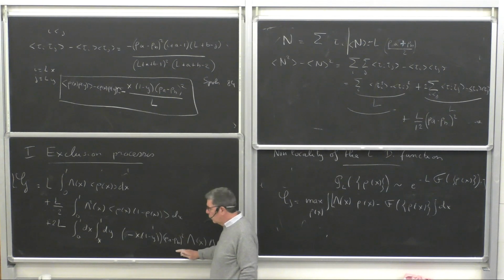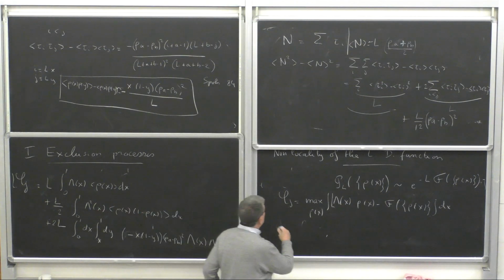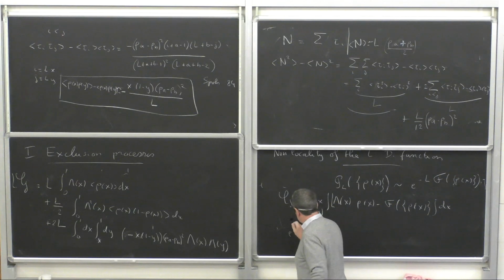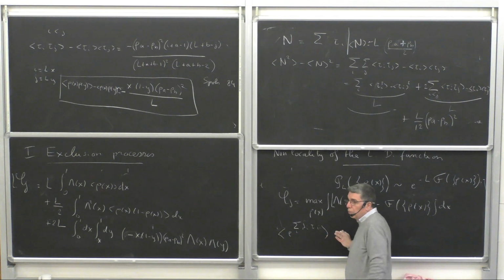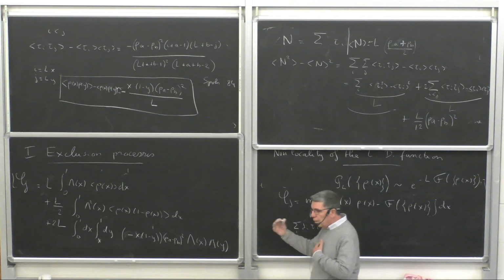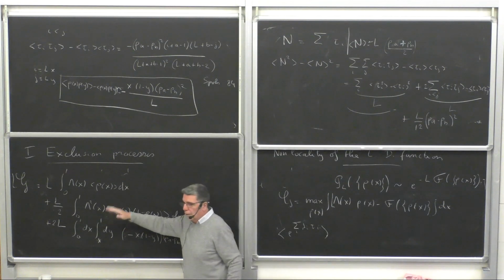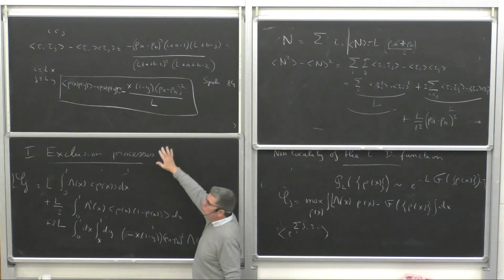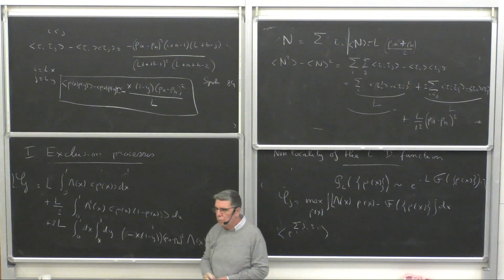But the quantity I defined here, the exponential of the sum over i of lambda i times tau i, cannot be larger than exponential L. It cannot be L to the 3 halves, because this is of order 1 and this also is of order 1. If this were to happen, it would mean that the thing is non-analytic in lambda or things like that. But for diffusive systems, which I talk about here, it's always 1 over L. We can discuss it more if you like.